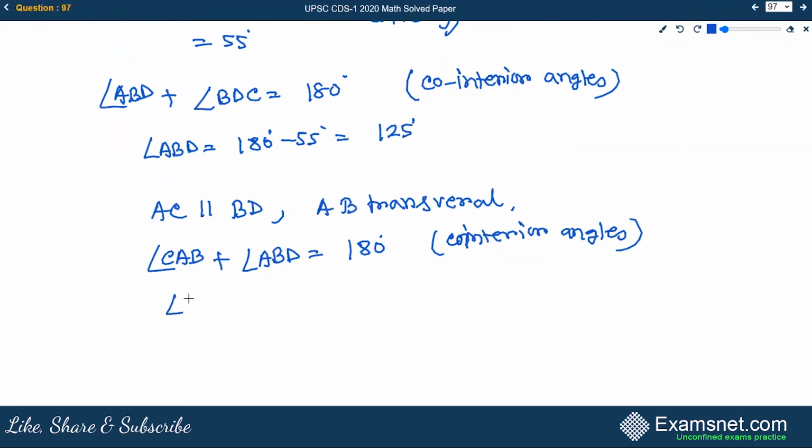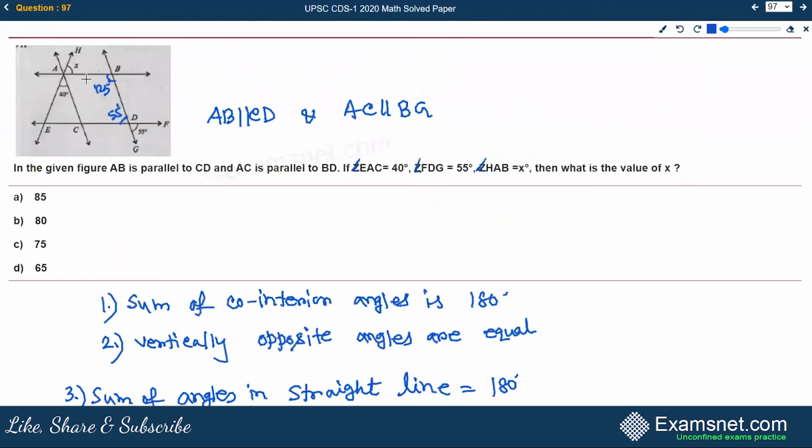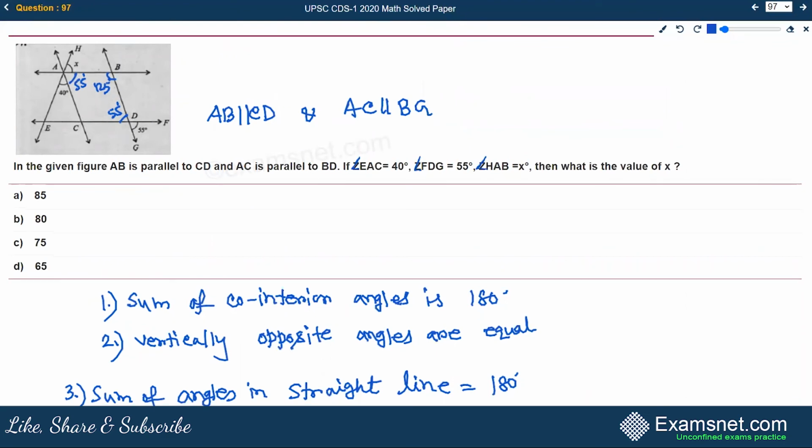Now CAB is 180 degrees minus 125 degrees. That will give us the value 55 degrees. That means this angle A is 55 degrees.